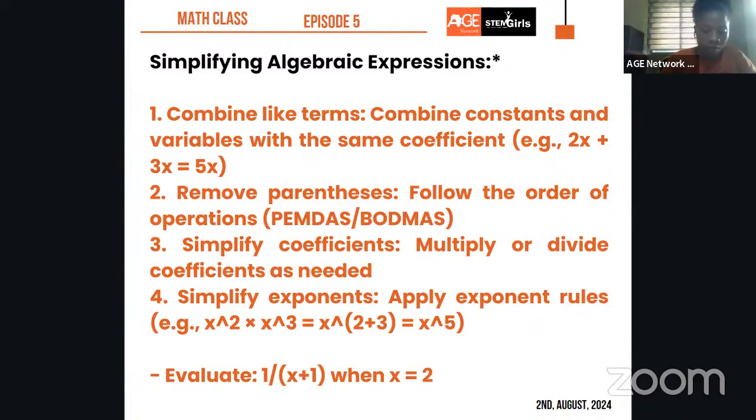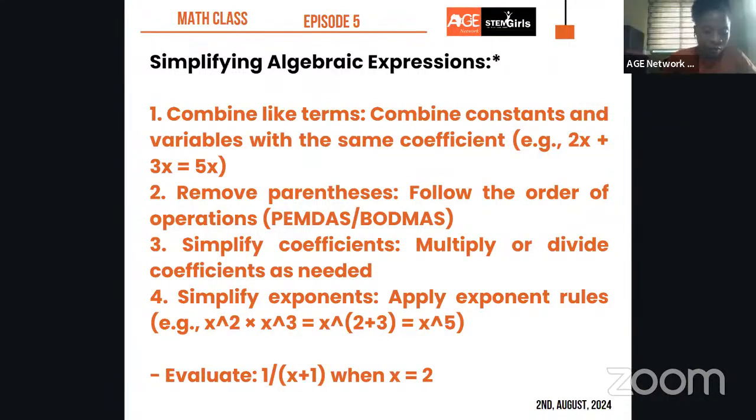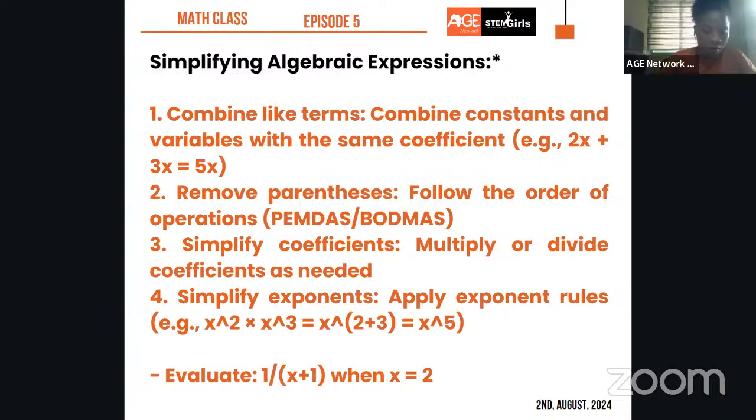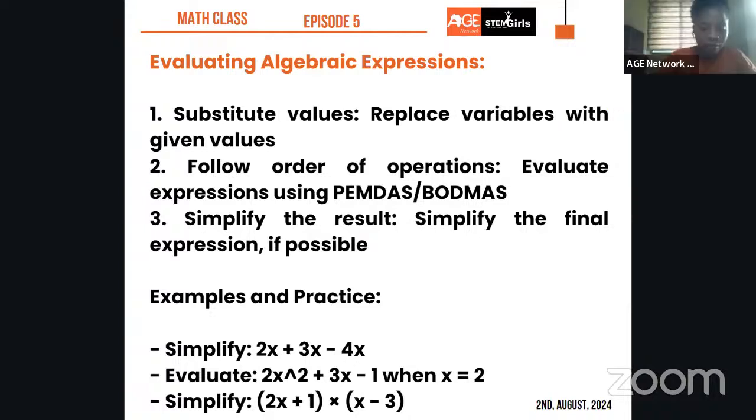Okay. So now let's go into evaluating algebraic expressions. The first one I have here is substitute value.